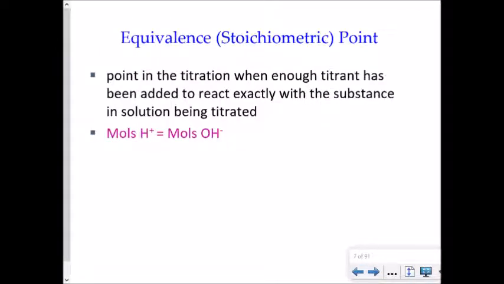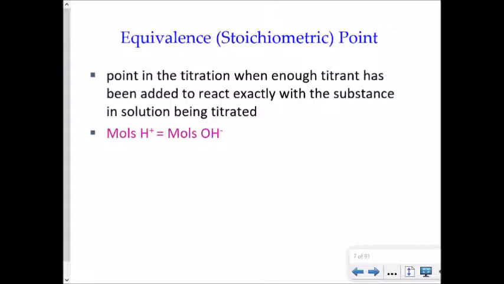Don't forget that we're talking about the equivalence point, that's talking about the stoichiometric point, not when the color changes. The stoichiometric point is when the moles of the acid, or H+, equals the moles of the hydroxide, the OH-. We'll talk about the endpoint in a minute.